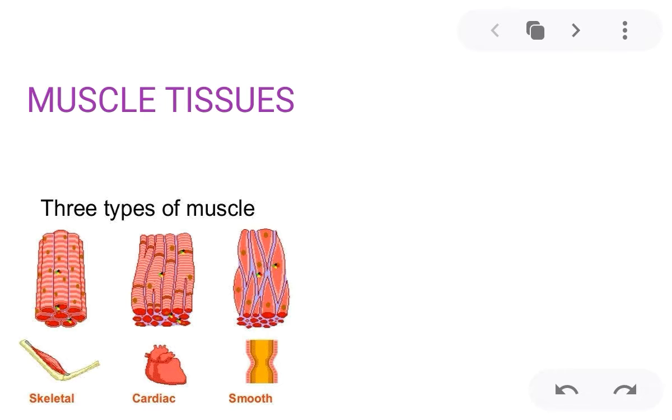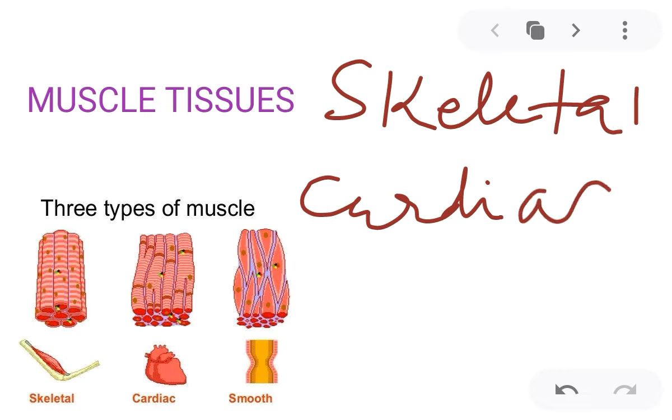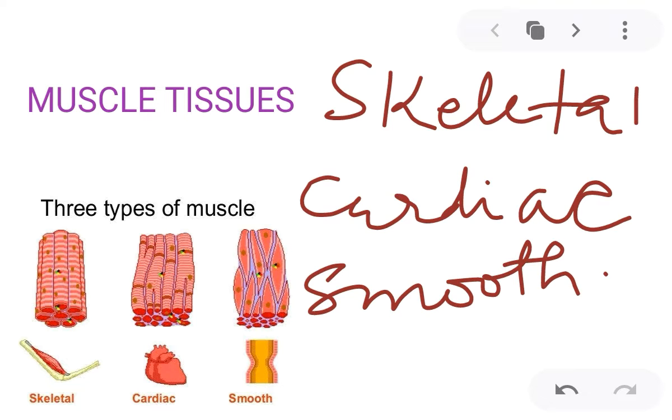And coming to the three different types of muscle tissues, they are skeletal muscles, cardiac muscles. Okay. The other one is smooth muscles. Here you can check the structures also. Skeletal, cardiac, smooth muscles. When you understand the terms, you can connect their function according to the terminology.